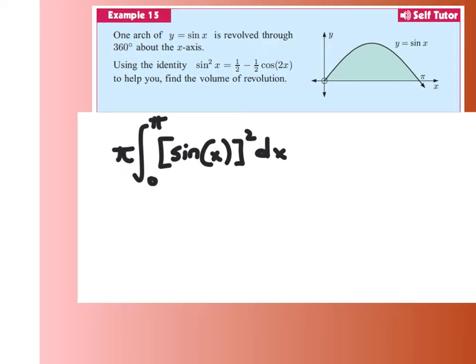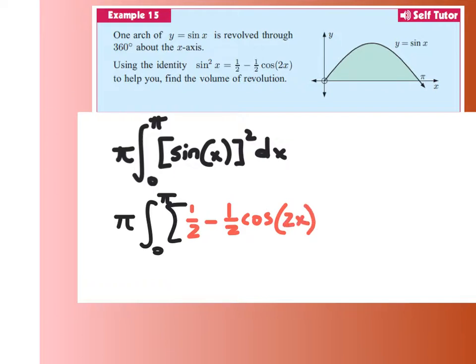It's telling us to use this identity because that's not easy to integrate unless you can reduce the power to 1/2 minus 1/2 cosine 2x. That actually comes directly from the double angle identity. So why don't you go ahead and try to integrate that.